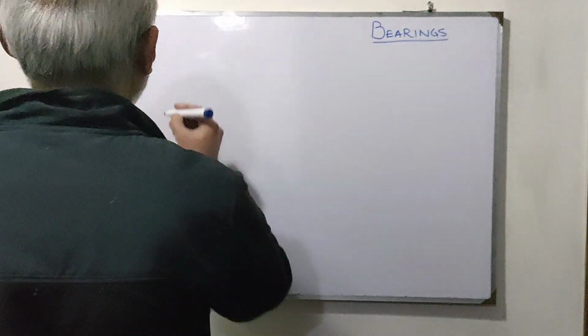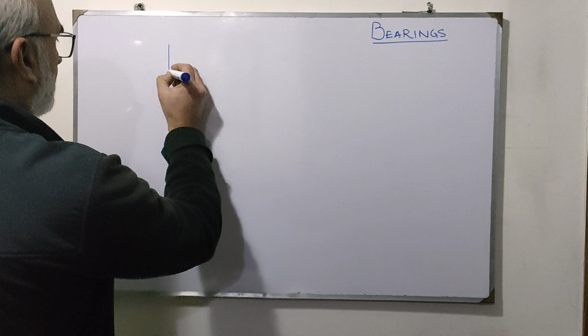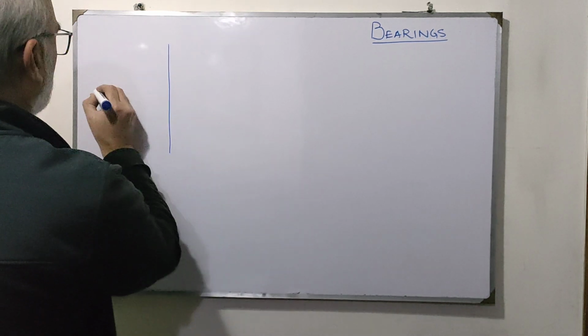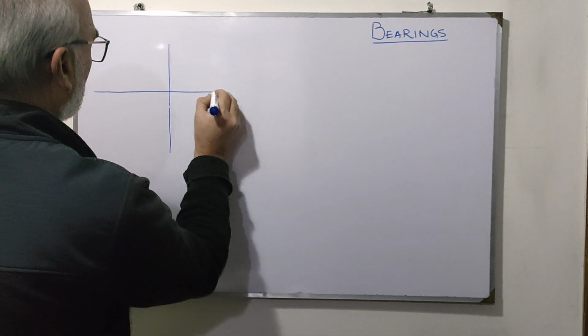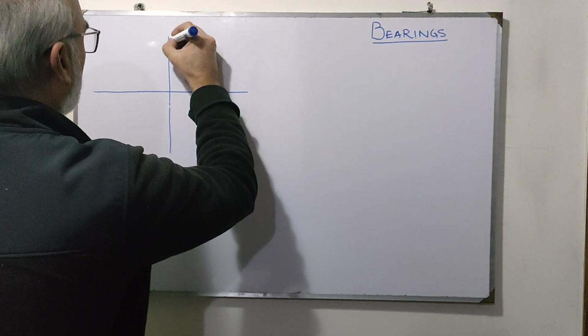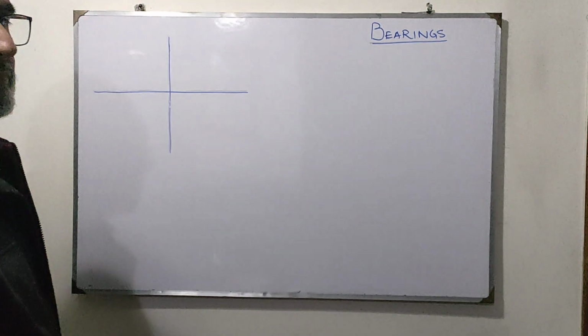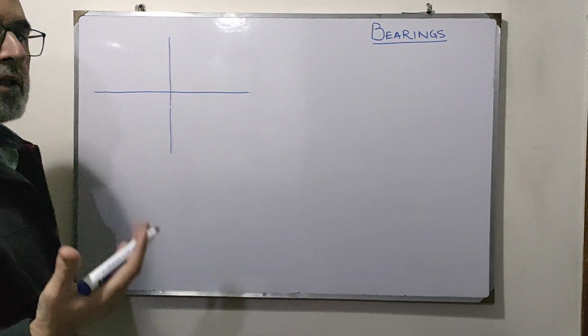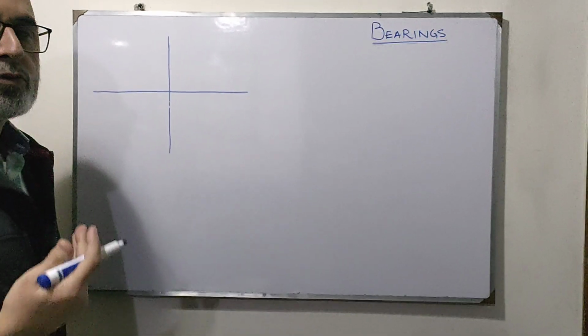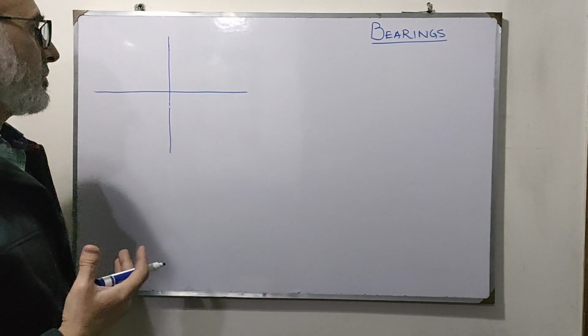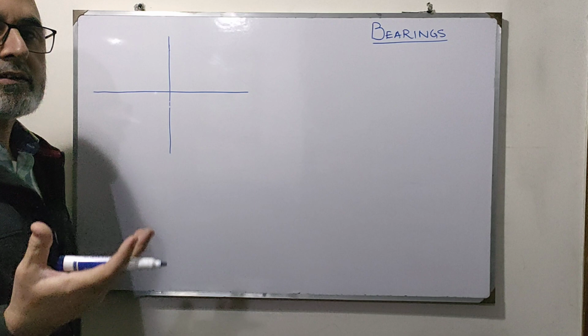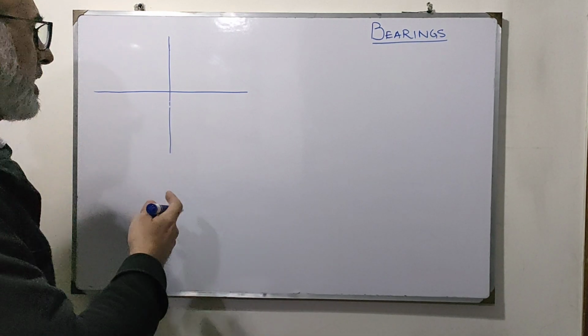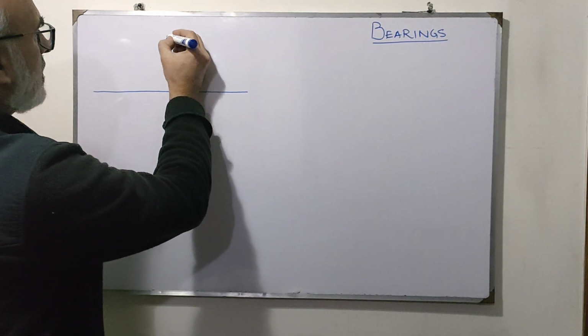Okay, the first one. This is something we use to draw our graphs, having the x-axis and y-axis, but in this case this is our north.